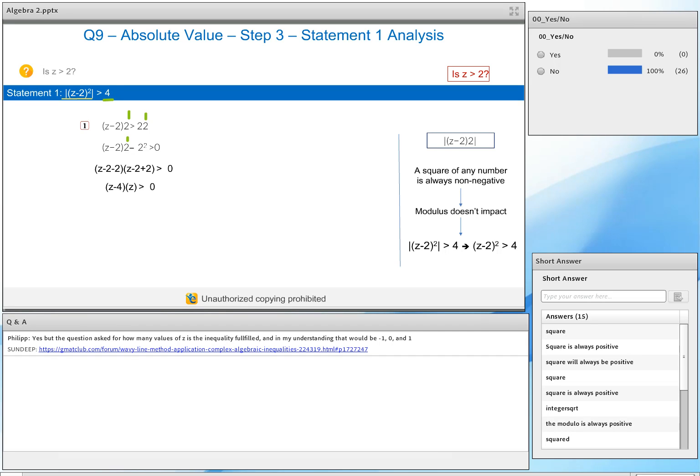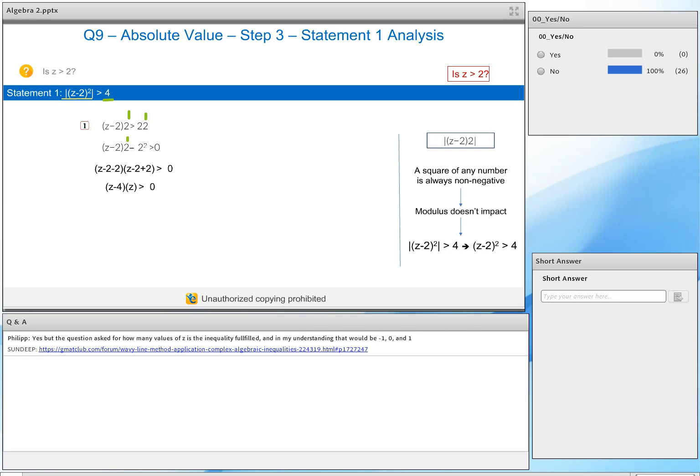I remove the mod, and then (z minus 2) whole square minus 2 square is greater than 0. So I'm simply processing it, and from this absolute value quadratic inequality I get a simple quadratic inequality. Now, (z minus 4) into z is greater than 0.